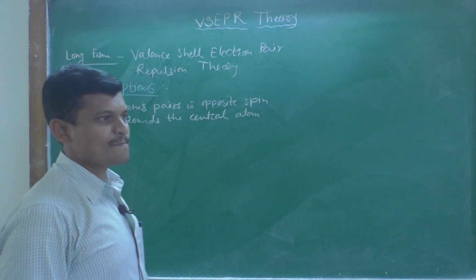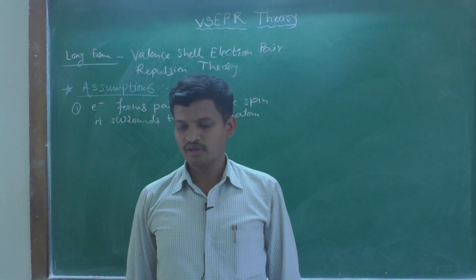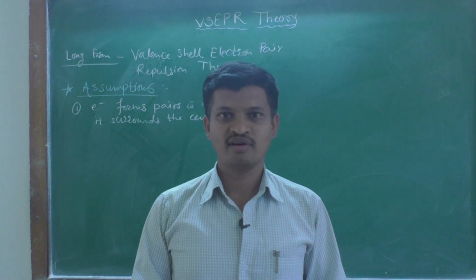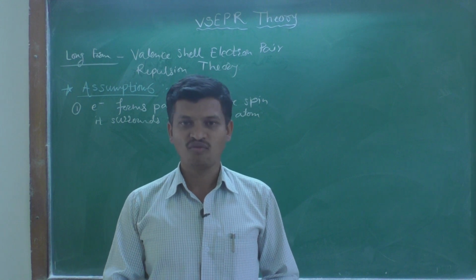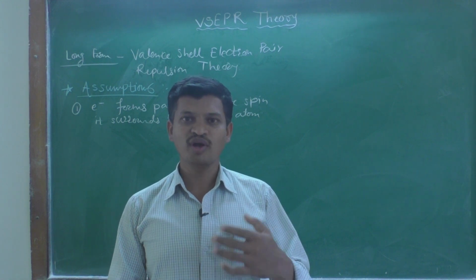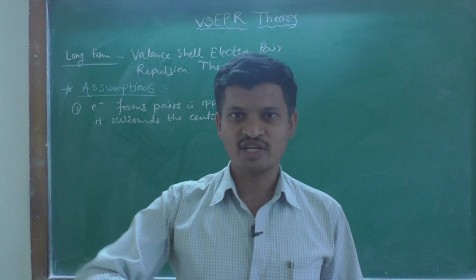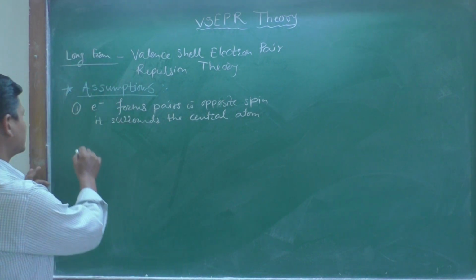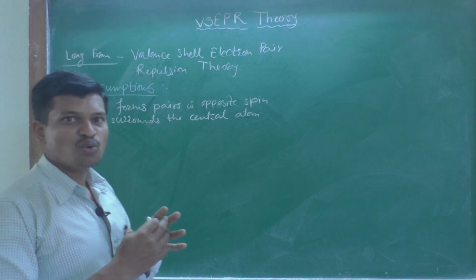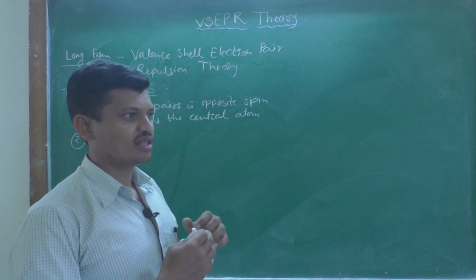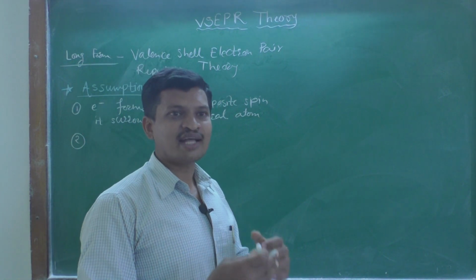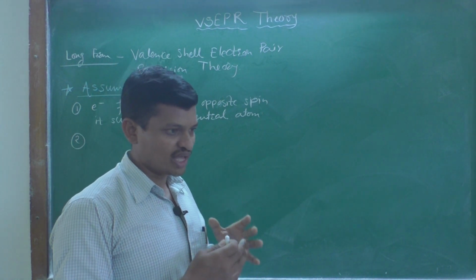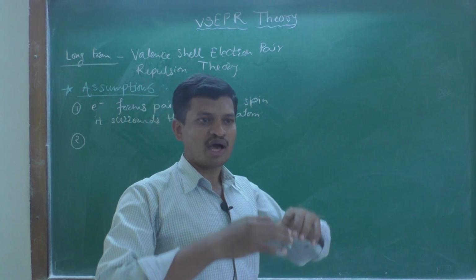Okay, now once the electron pairs are surrounded, there may be more than one electron pair surrounding the central atom. Now these electron pairs tend to stay as far apart from each other as possible around that central atom.